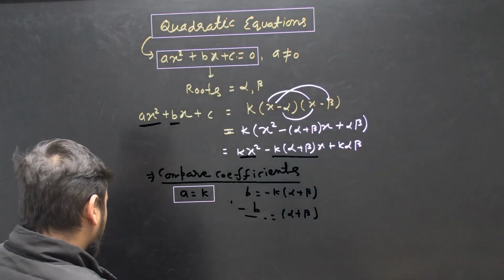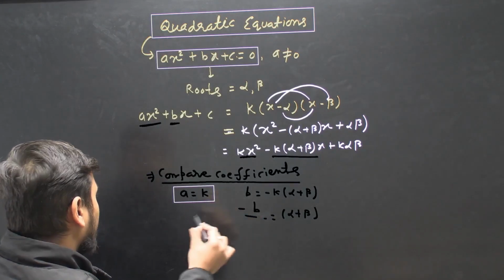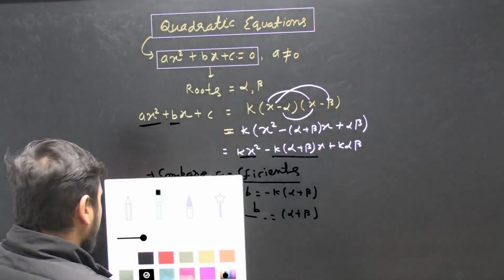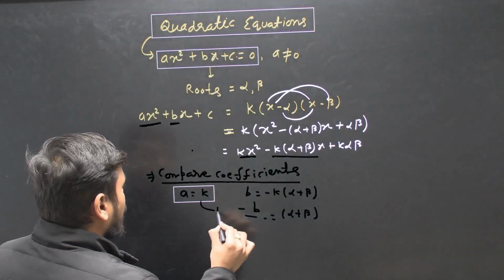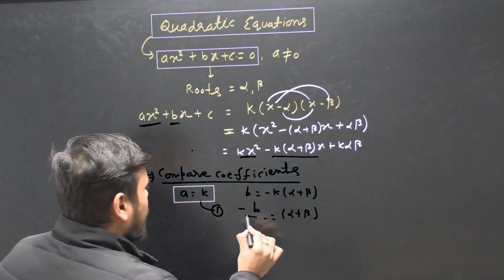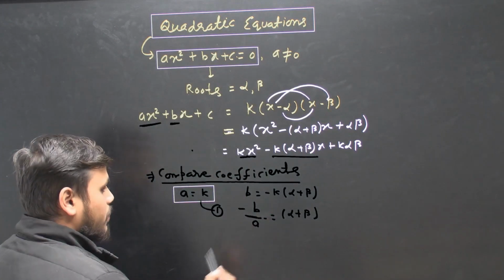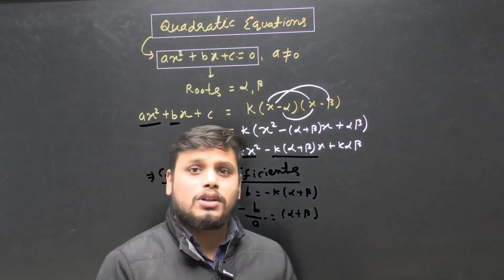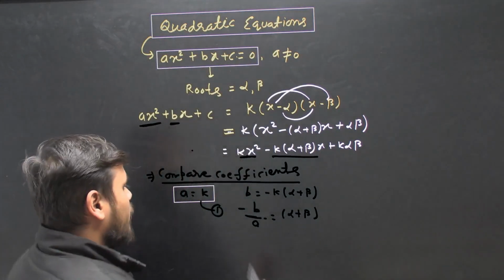We have already proved it in equation 1. So now it can be written as minus b upon a. So from here we have got the formula for alpha plus beta. We call it the sum of roots.